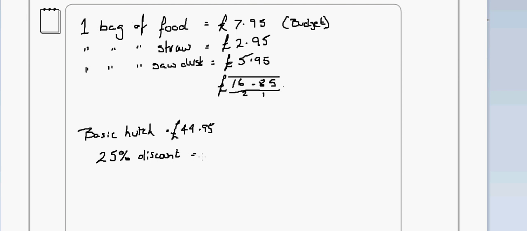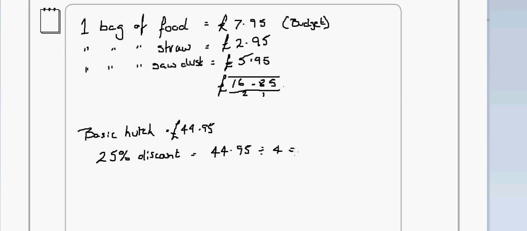So what we can do is find what discount he's going to get from this. Okay, so the 25% discount would be £44.95 divided by 4.